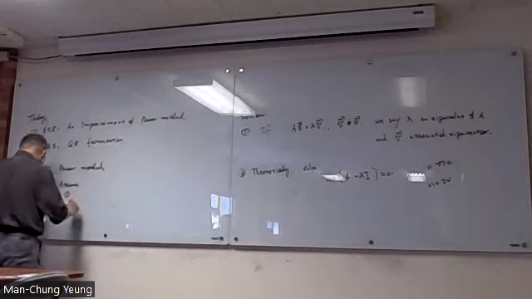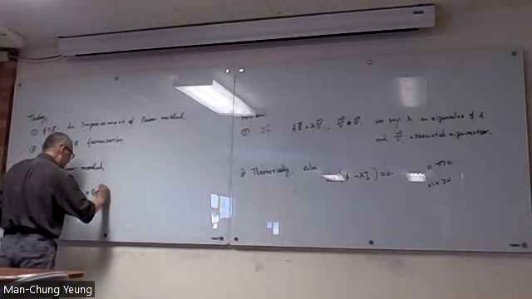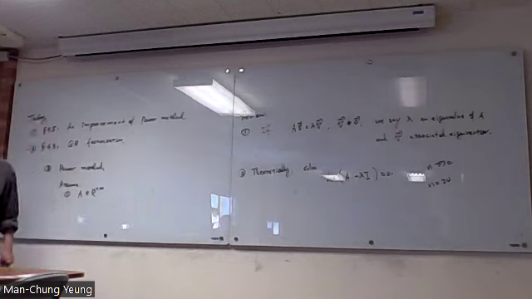Number 1. Matrix A is a real matrix. We don't consider complex matrices. Of course, in the literature there is a lot of research about complex matrices, but here we assume A is a real matrix.